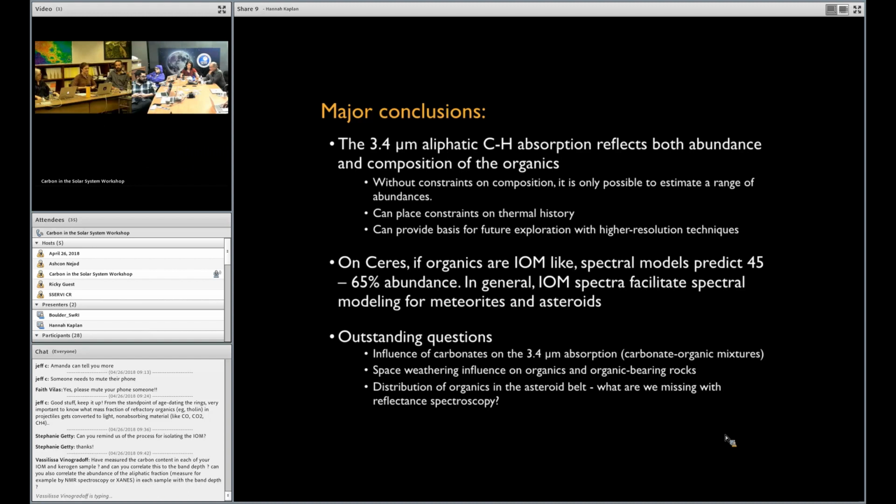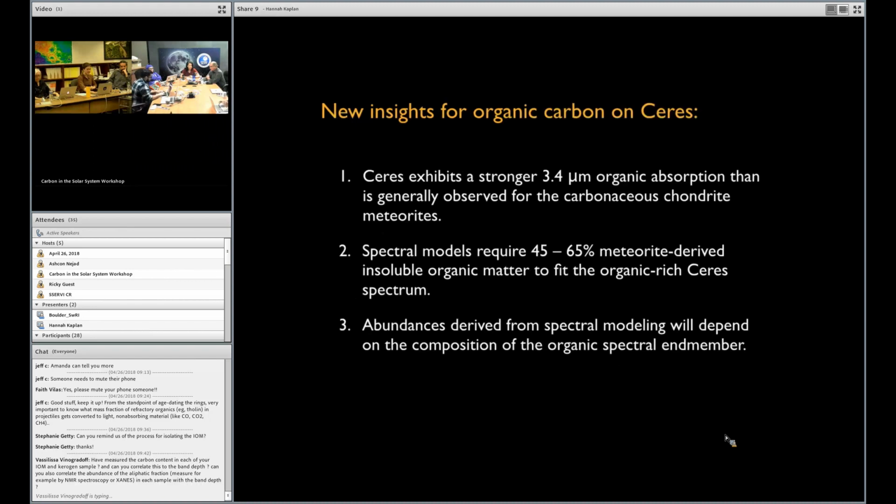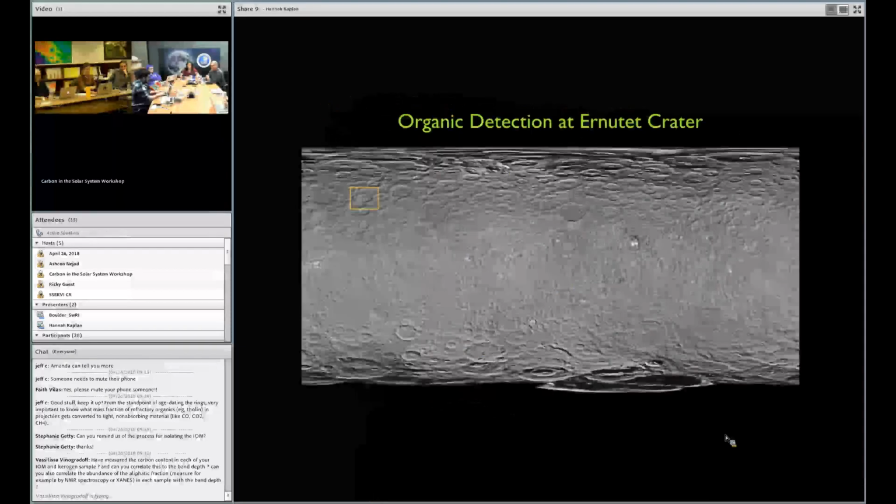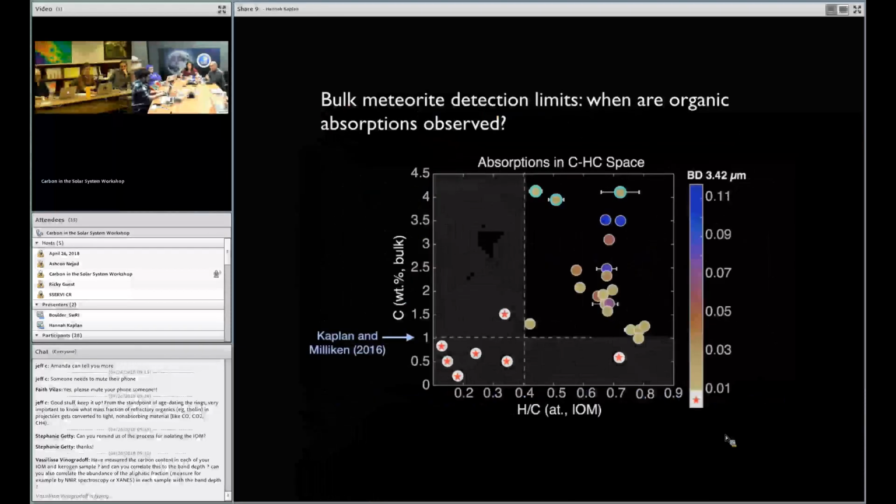Sure. This is Dale. I have a question here. In one of your summary slides along the way, you made a point of the absence of aromatic CH stretch, yet in a slide before that, where you showed superimposed reflectance spectra of 7 or 8 different meteorites, one of them at least did in fact show something at 3.28.